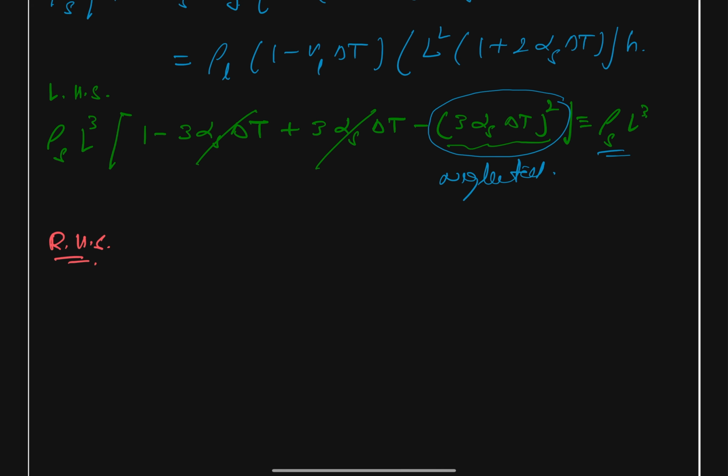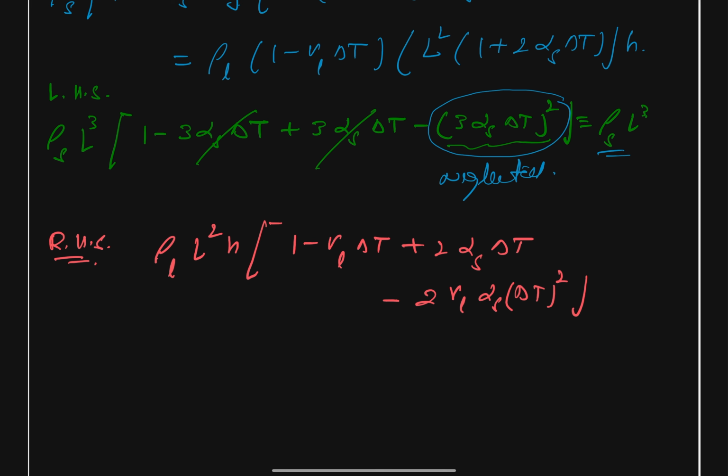The right hand side is rho L multiplied by L square H, and we have (1 minus gamma L multiplied by delta T) times (1 plus 2 alpha S delta T), which comes as 1 plus 2 alpha S delta T minus gamma L delta T minus 2 gamma L alpha S (delta T) whole square.